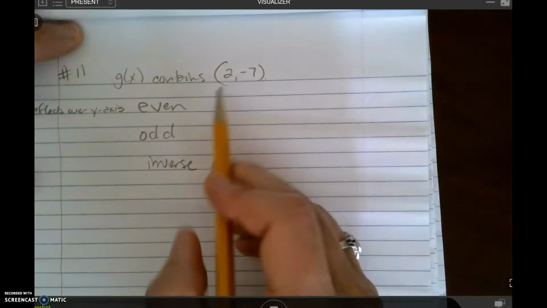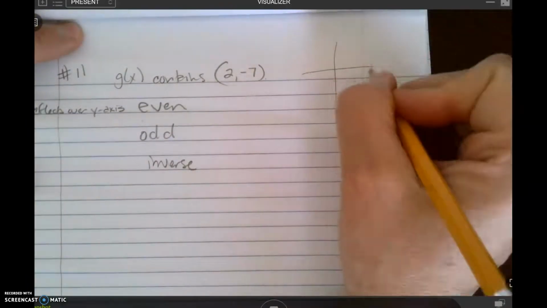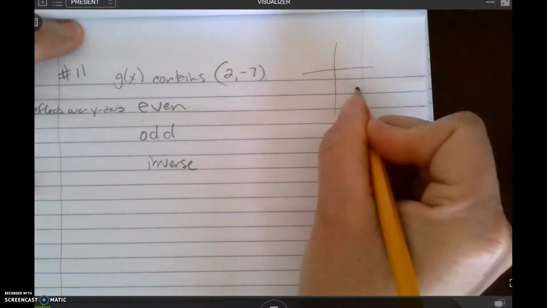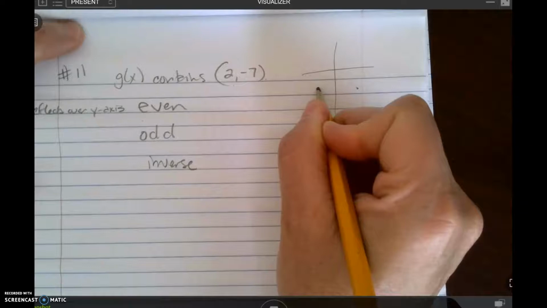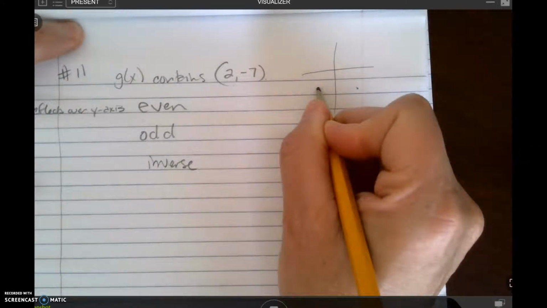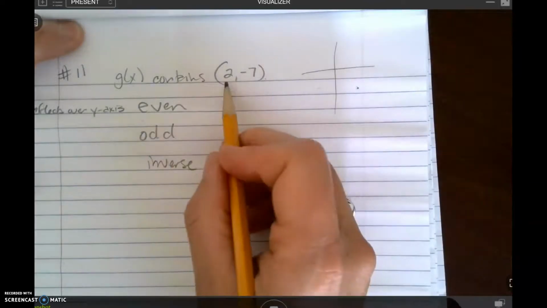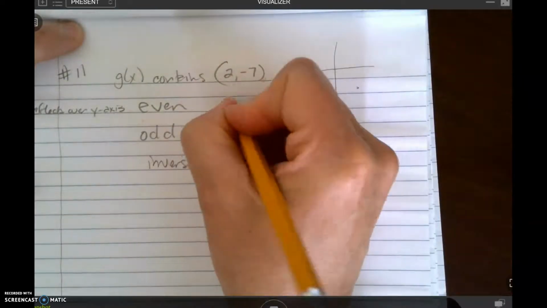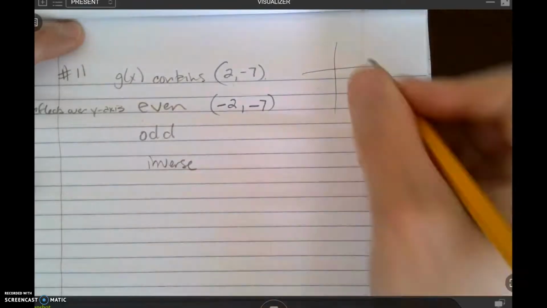And so if I move 2 over here and reflect it over the y-axis, it would move over to here. So the y doesn't change, only the x-coordinate changes. So the 2 becomes a negative 2, but the negative 7 stays the same.